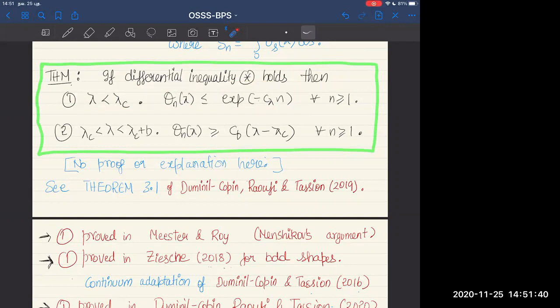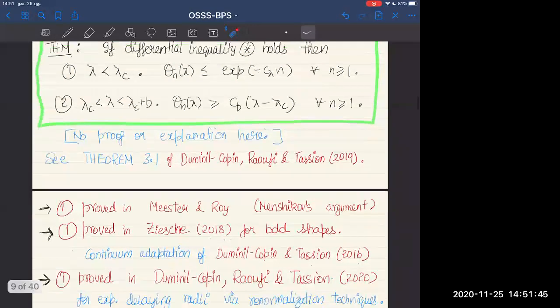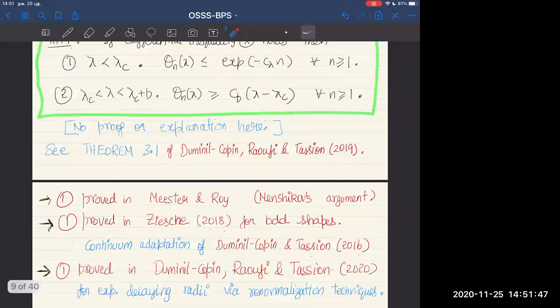You can see it's the classical argument of Menshikov from 1986. Then a newer, simpler proof of 1 for bounded shapes, not just balls of radius, was shown by Sebastian Zuyev, student of Günter Last, which adapted a different argument of Duminil-Copin and Tassion, much simpler than Menshikov's proof, using a refinement of a branching process argument. This is Zuyev's work in 2018.